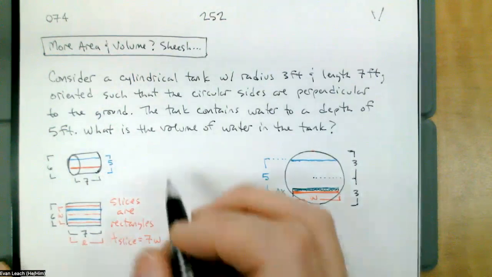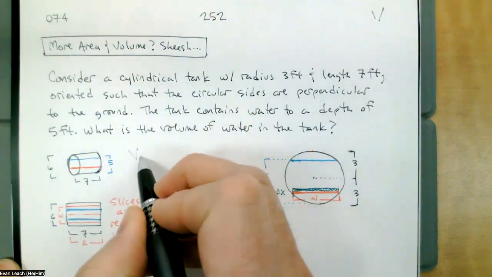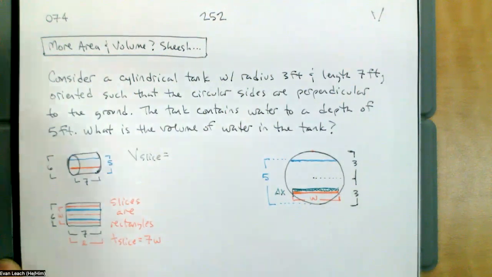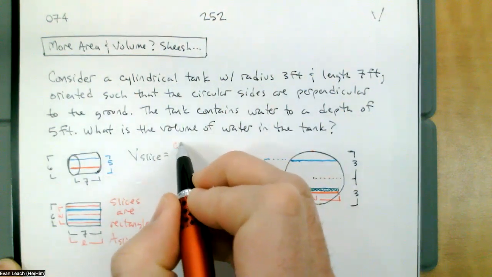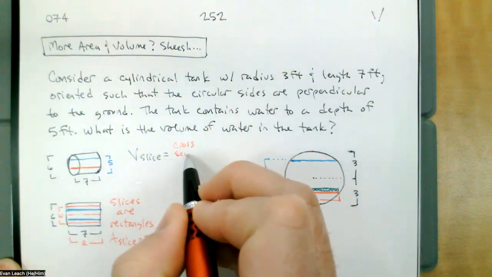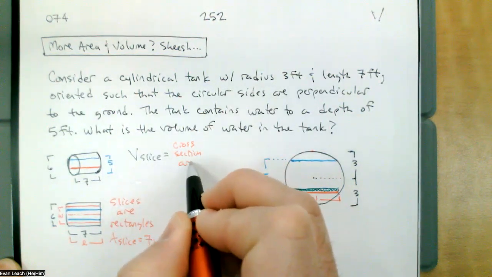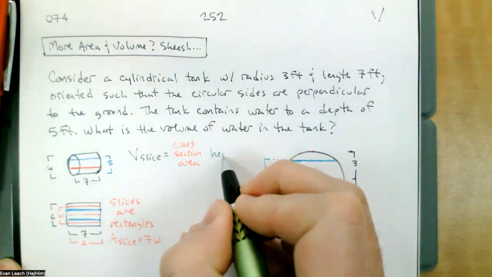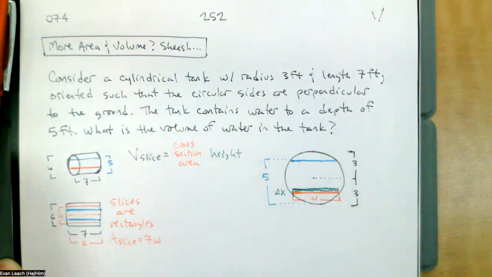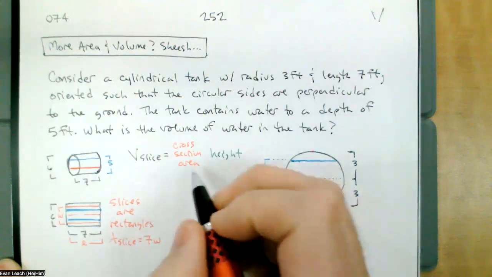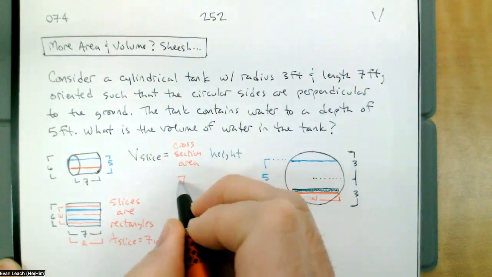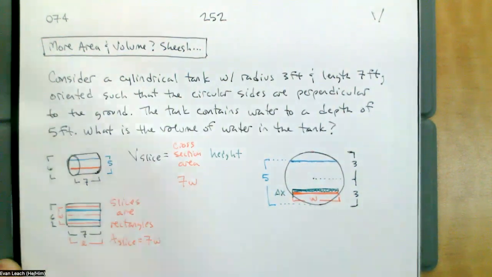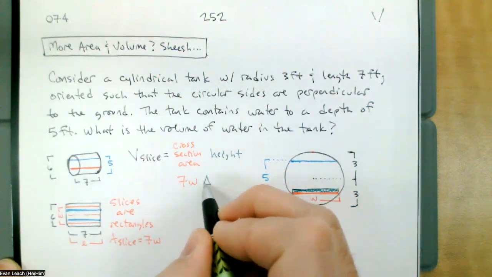So the volume of my slice will be the area of the cross section multiplied by the height. The area of the cross section is just 7W, 7 for the length and W the variable width, and the height is just going to be my delta variable, delta x.